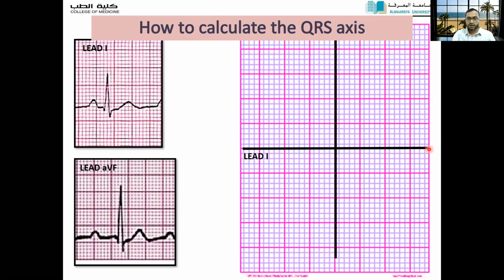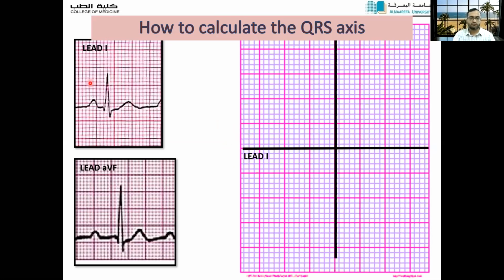This is lead 1, with the right arm and the left arm, and you know that the right arm is always negative. So from the center point onwards, all the values on the right side are negative and all the values on the left side are positive. So on AVF, we have positive values here, and on lead 1, the positive values are here.